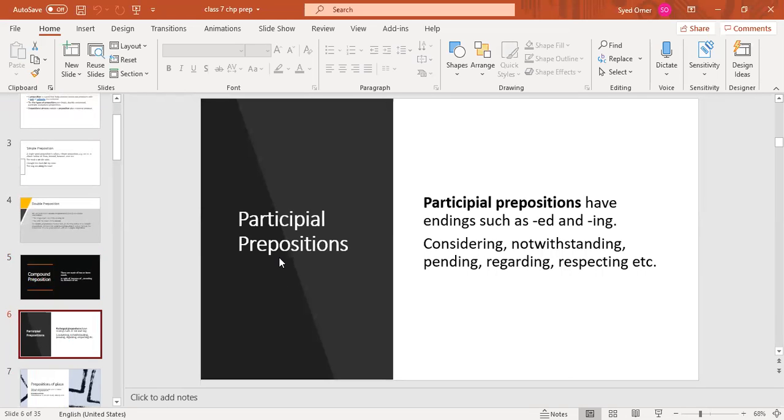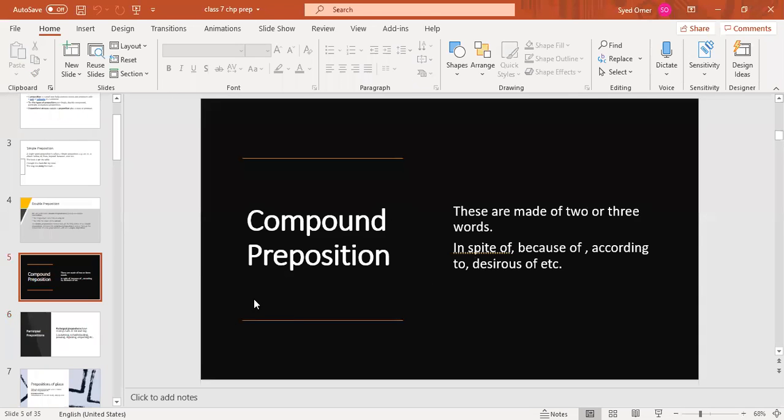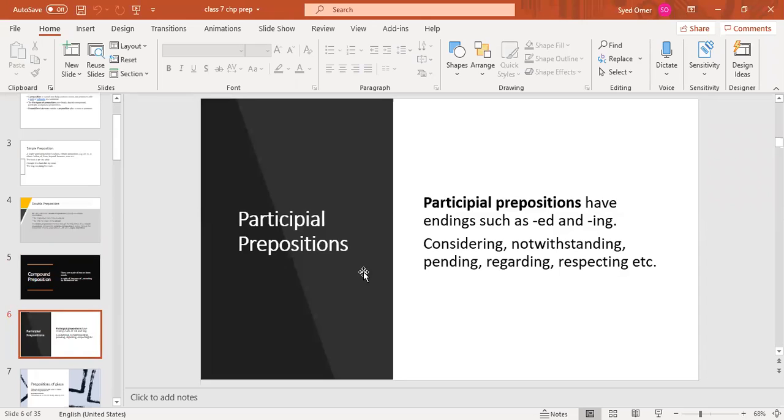Then are participial prepositions. Like verbs, participial prepositions are verbs which end in either ing or the third form of the verb. Ed means the third form of the verb. So participial prepositions means present participles ending in ing and ed participles, which means the third form of the verb.